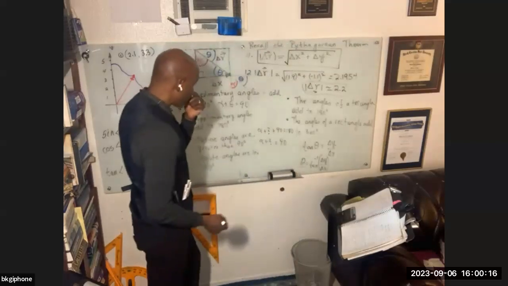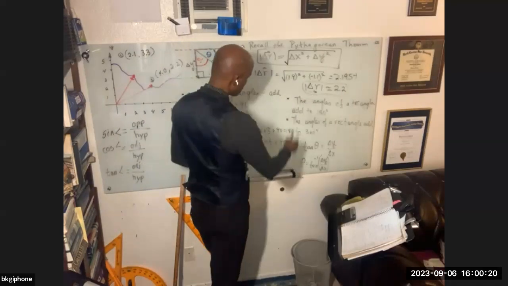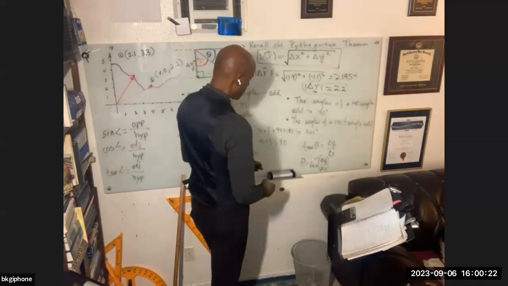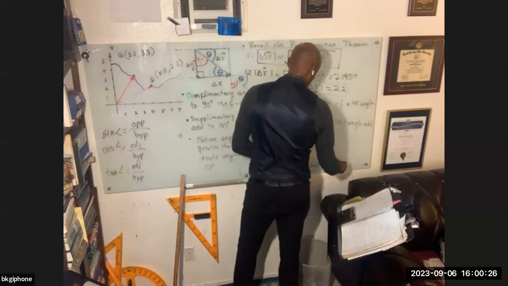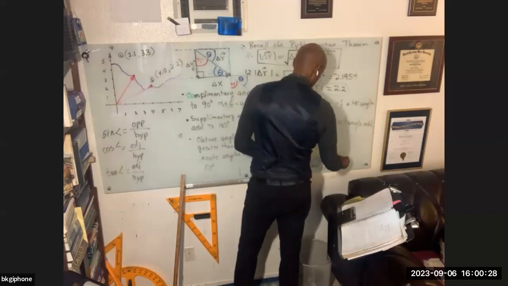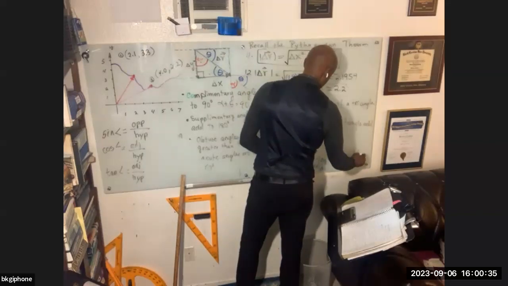So when I put in those values, my delta Y was 1.1 and my delta X was 1.9. I'm taking the absolute value of it. So theta is equal to the inverse tangent of 1.1 over 1.9.